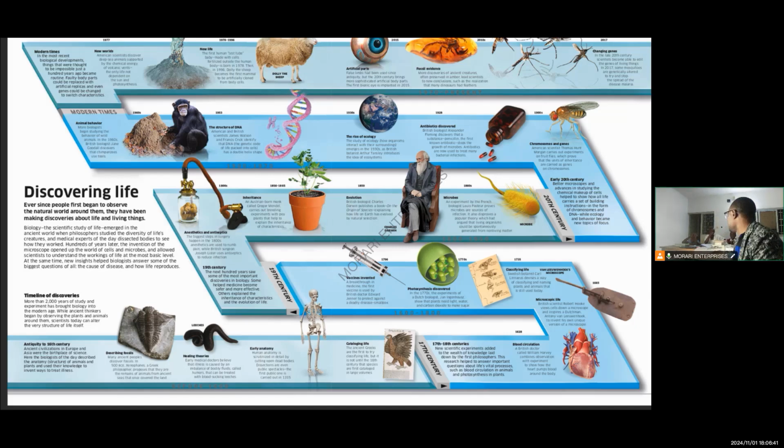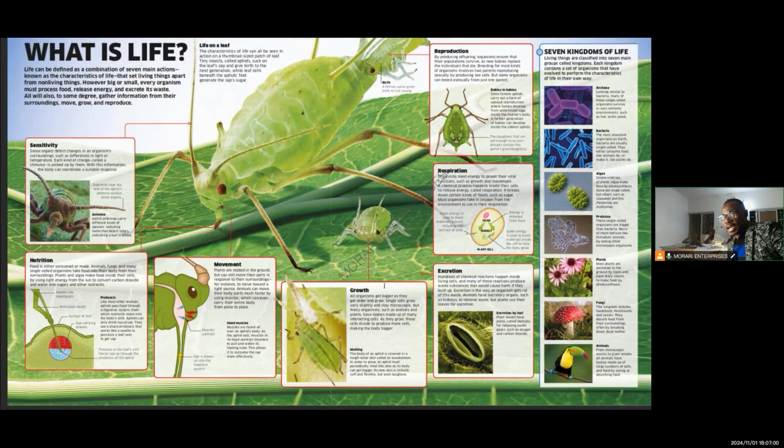You've seen Darwin for evolution. Darwin is the name of a scientist. We've seen Louis Pasteur, who studied diseases and created penicillin, which is an antibiotic. Yes, so we've seen all that. So before now, we enter into what is life.